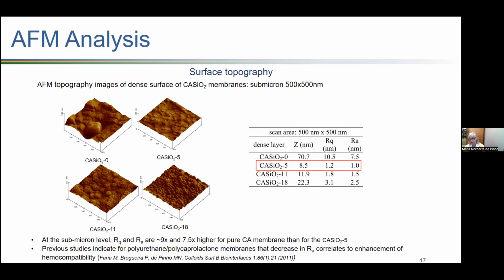In a previous study for other membranes and for blood oxygenators, we have seen that in polyurethane membranes, the decrease in Ra correlates very well with the enhancement of hemocompatibility, and that is published, and it's another polymer. But anyway, we go ahead with having a smoother surface, as smooth as we can.